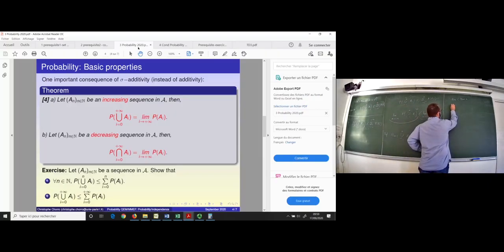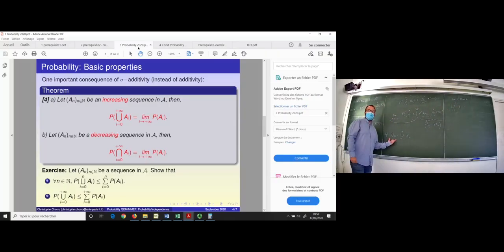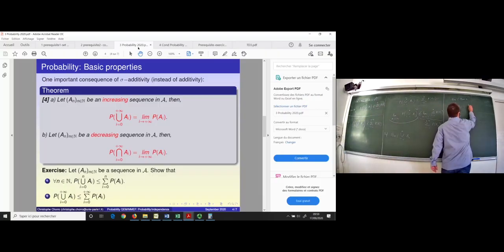What is the union of all the Bi here? Well, if I do the union of all of them, since they are built from unions of the Ai, in fact, simply, the union of the Bi is just the union of the Ai.